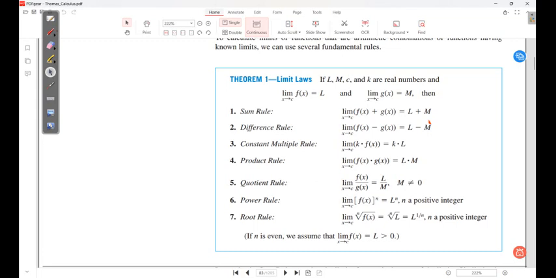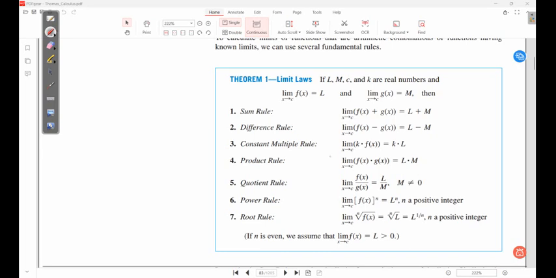Okay, so for the sum, whenever you've got an addition of two functions, you can separate them, right? So we call it the sum rule, the difference rule.